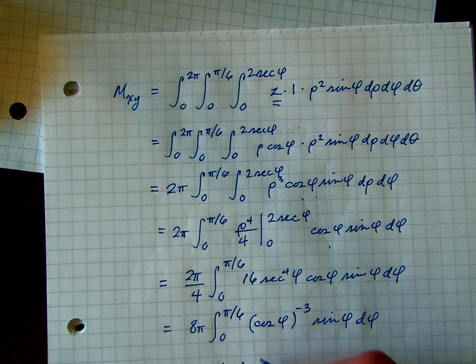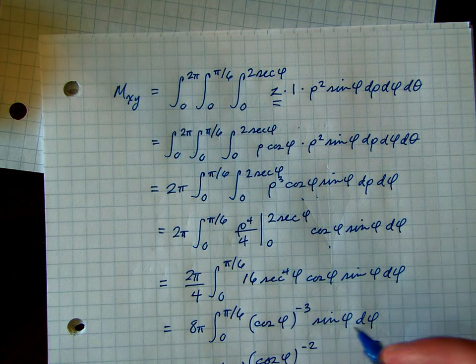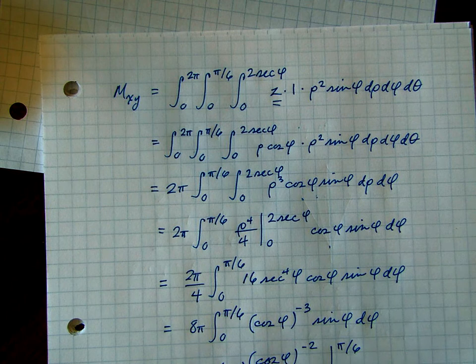We get cosine phi to the minus 2 over minus 2 from 0 to pi over 6. The minuses cancel. 2 is in the bottom, so we have 4 pi. And we're going to get cosine pi over 6 to the negative 2 minus cosine 0 to the negative 2.